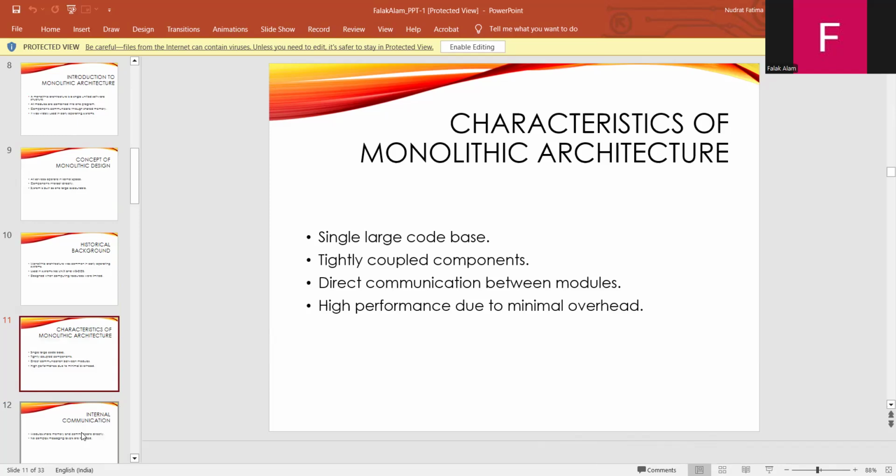First, it has a large code base because all operating system services are combined into a single program. If a large code base is not there, we could not combine the entire program, and it would be very difficult to get the whole program into a single one.